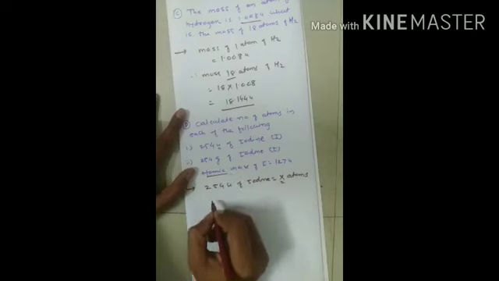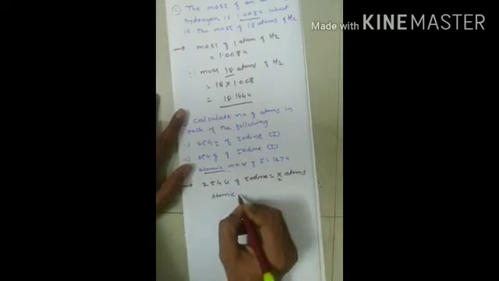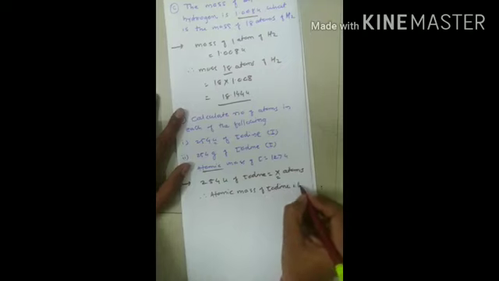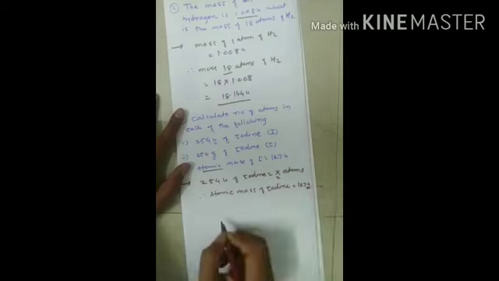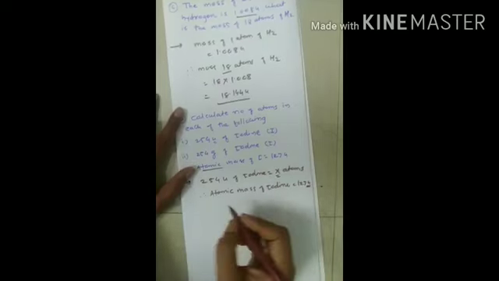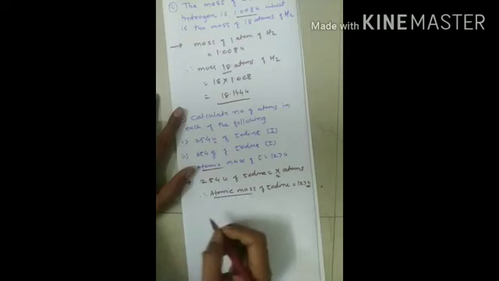Therefore I can write atomic mass of iodine is 127 U, isn't it? Therefore what can we say, atomic mass means what? It is only the mass of one iodine atom, isn't it? Atomic mass represents one atom.